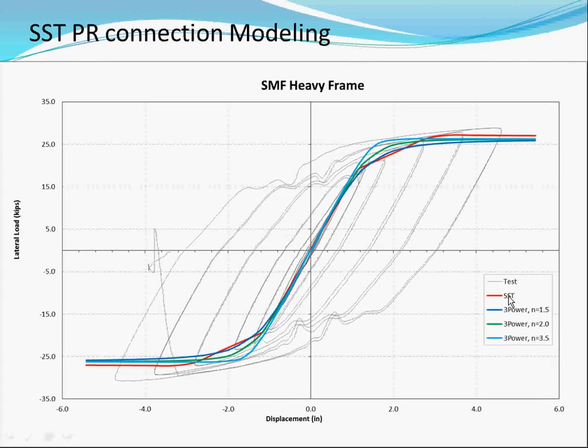Here again you plug in those three powers with the n, and then by the component method, we match very well. So we match very well for the heavy test.